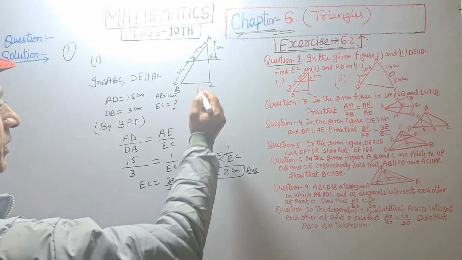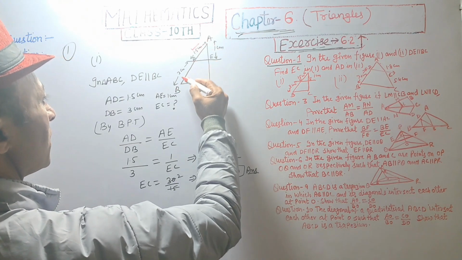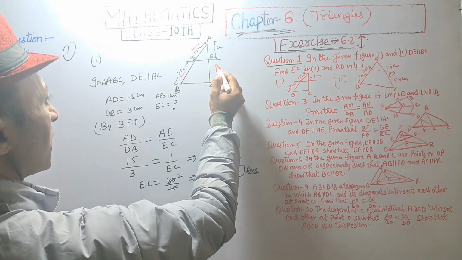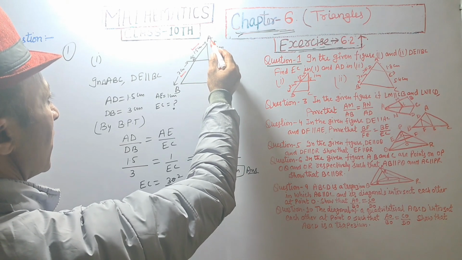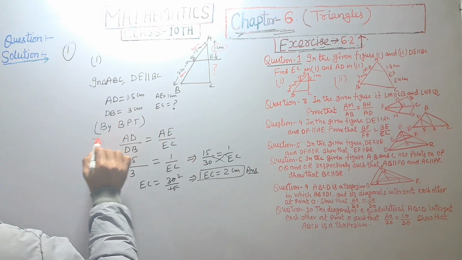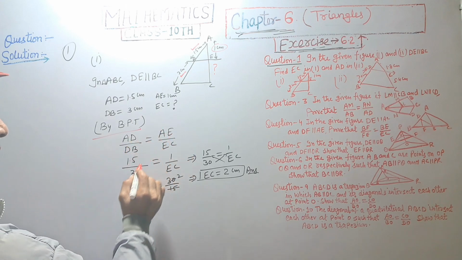Answer. In triangle ABC, AD is 1.5 centimeter and DB is 3 centimeter. EC we want to find, AE is 1 centimeter. By basic proportionality theorem, AD upon DB is equal to AE upon EC.